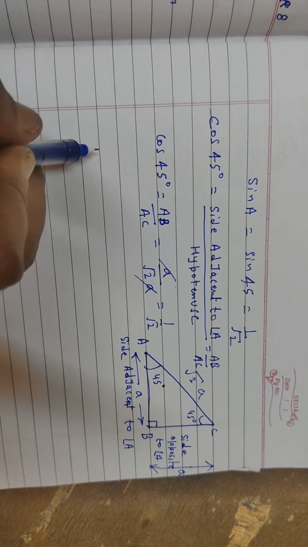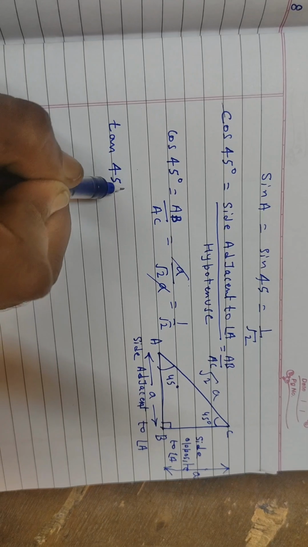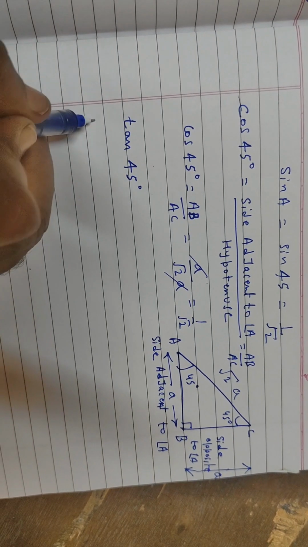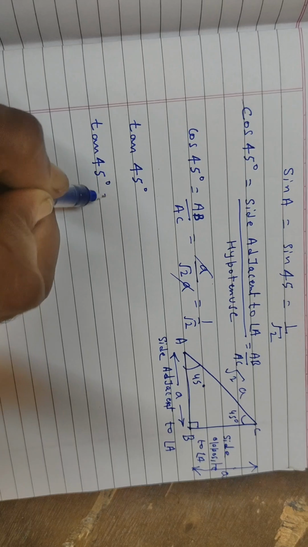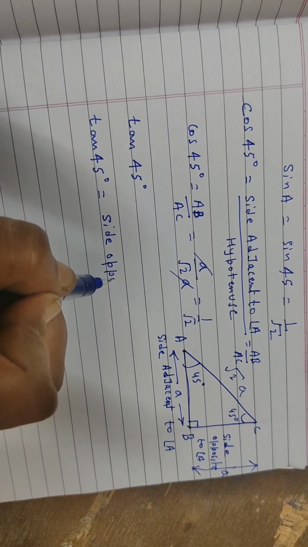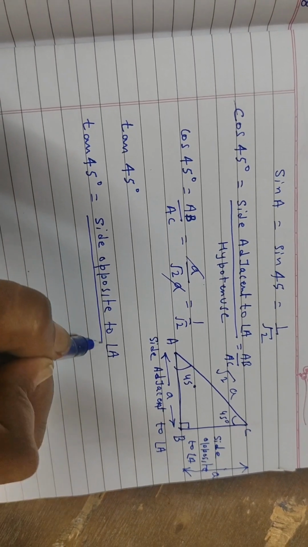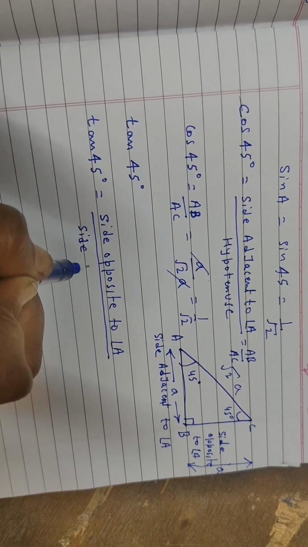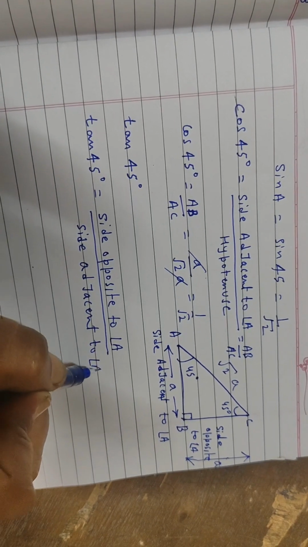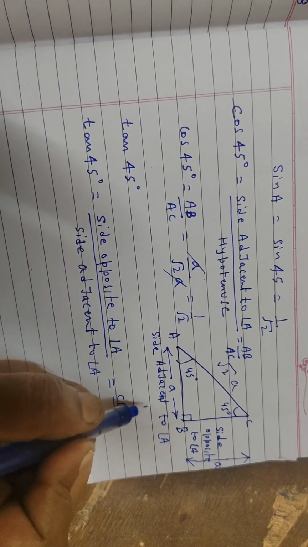Similarly we will see tan 45 degrees. Tan 45 degrees is side opposite to angle A over side adjacent to angle A, which is equal to CB over AB.